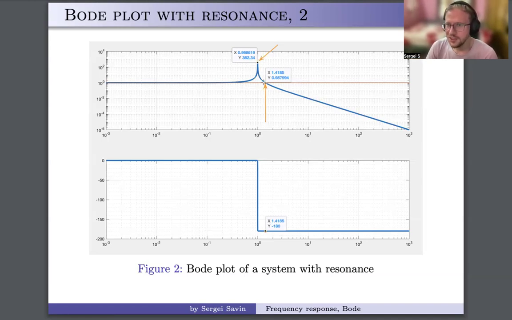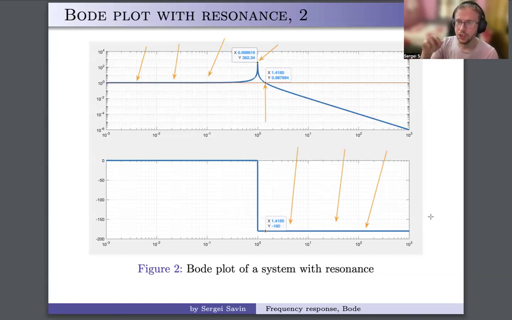Well, don't just look directly at questions of amplification, like how much amplification do you achieve at different frequencies. Look at the phase shift. That's going to tell you how your system will behave, how much lag you are going to have between your input and your output.